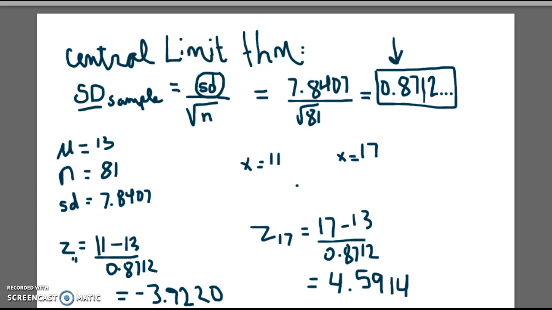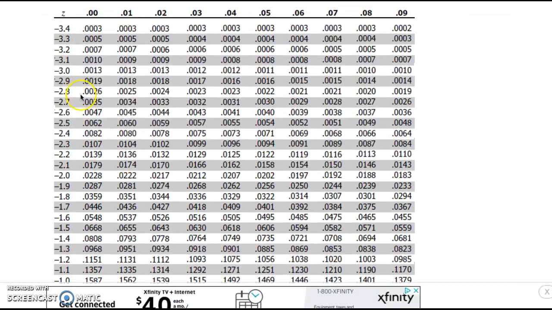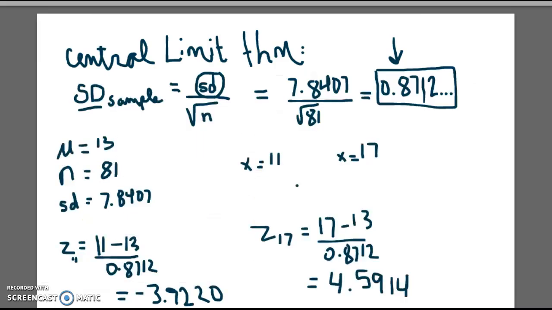Okay, so negative 3.9220, we're going to go back up here. Negative 3.9 is all the way over here. Pardon me, it's negative 3.9220.